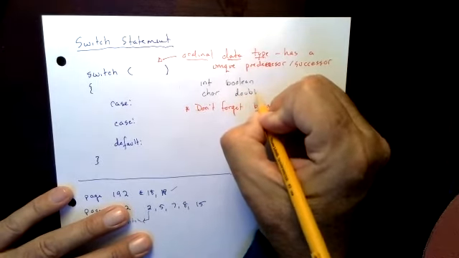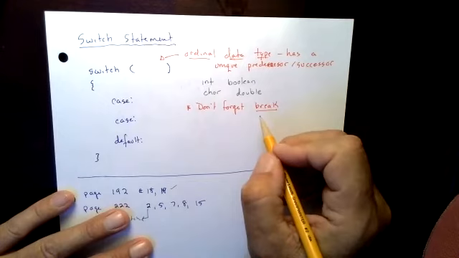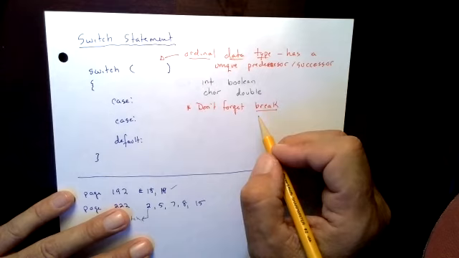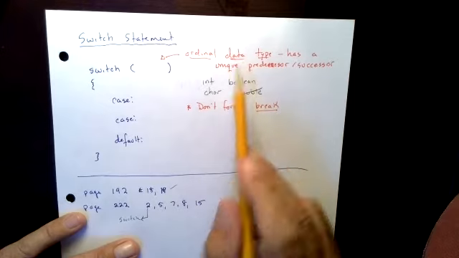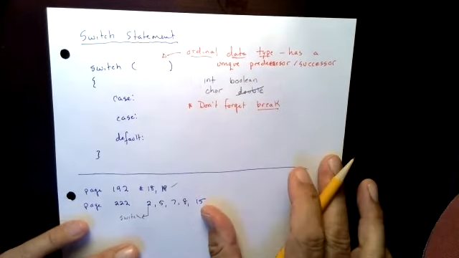What comes before 2.1? 2.0. 2.09, maybe. 2.099999. Now, double is not an ordinal data type. So doubles, yeah, we're not going to have any luck up here.